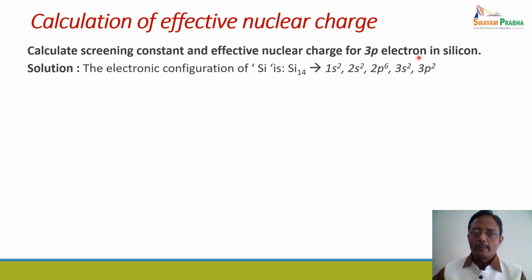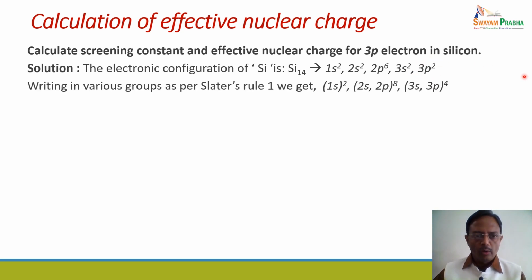We want to determine the effective nuclear charge experienced by the electron present in the 3p subshell. Writing the electronic configuration according to Slater's rule number 1 in the form of groups: 1s with 2 electrons, 2s and 2p together with 8 electrons, 3s and 3p together with 4 electrons.